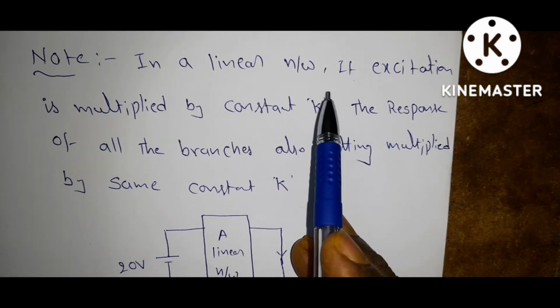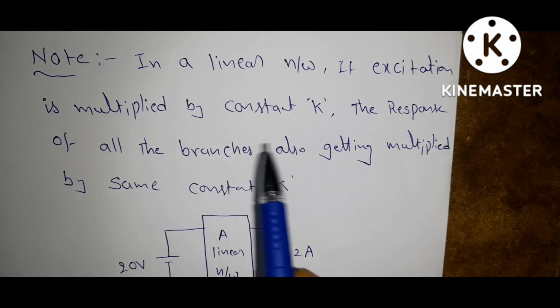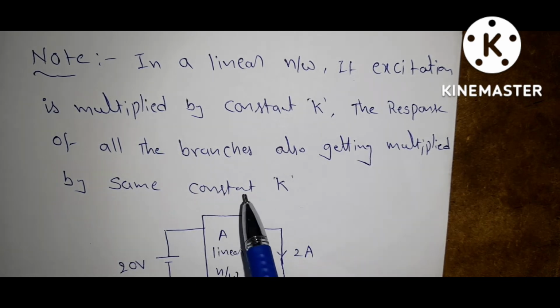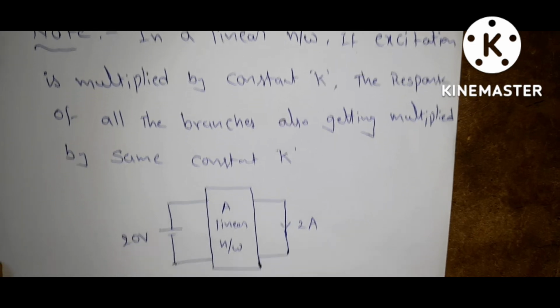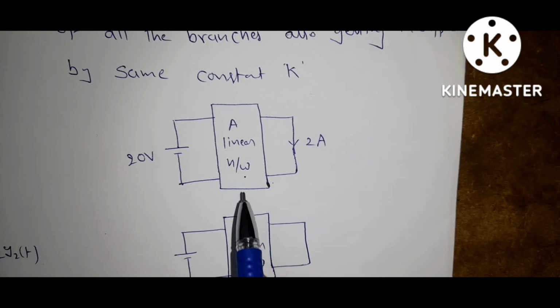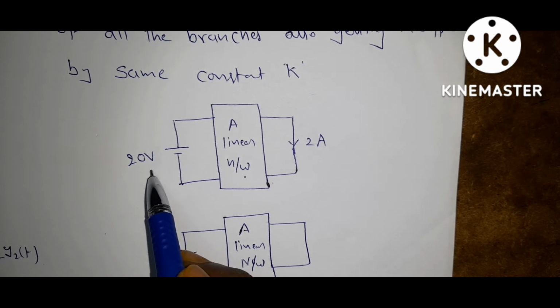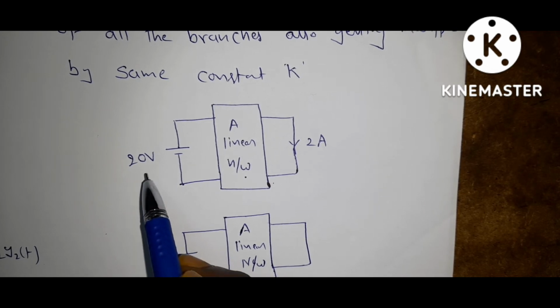In a linear network, if the excitation is multiplied by a constant k, the response of all branches also gets multiplied by the same constant k. That means suppose there is a linear network, where the input, that is the excitation, is 20 volts.